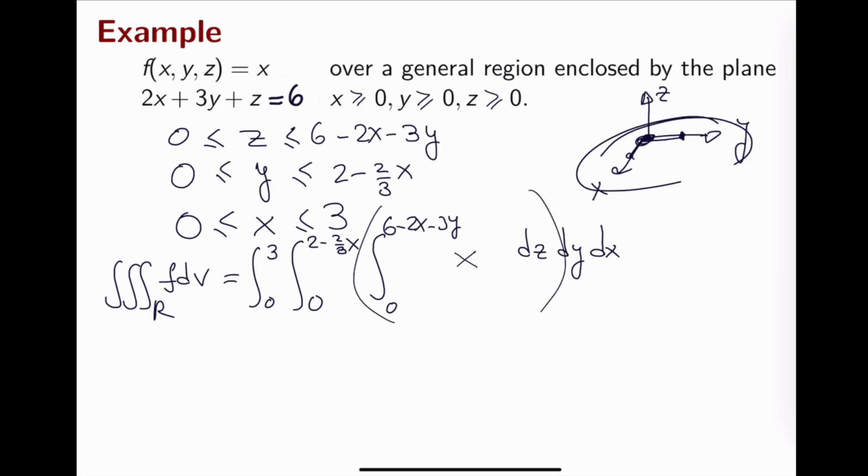So first we're going to calculate this integral with respect to z. So let's start. The primitive of x is xz, right? Since x with respect to z is a constant. And so we evaluate this between 0 and 6 minus 2x minus 3y. So the evaluation of that is going to be x times, and so instead of z, we're going to put 6 minus 2x minus 3y.